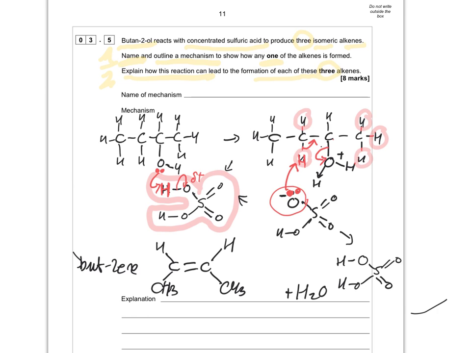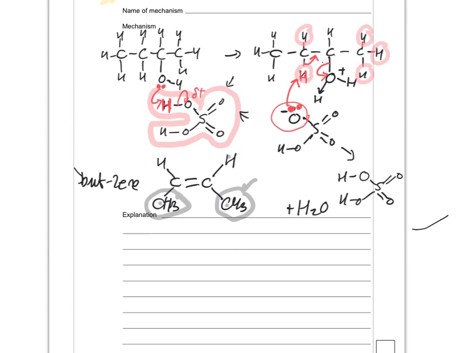And in this case, the priority groups using the Cahn-Ingold-Prelog rules are these, because carbon has got more protons than hydrogen, so these are the priority groups. Priority groups are both on the same side, Z, zusammen, same side, and therefore we know that we formed Z-butene. So there's Z in brackets, butene.